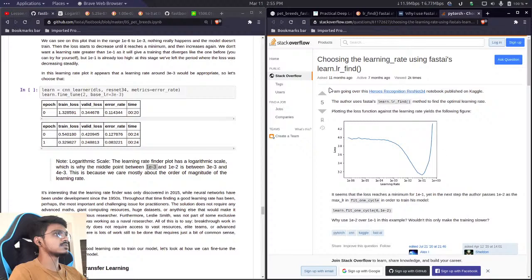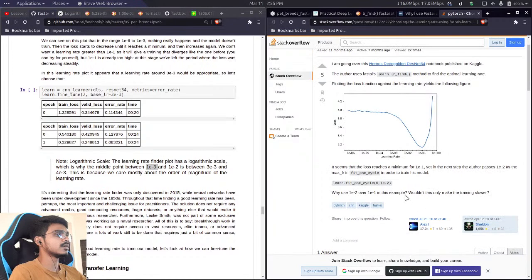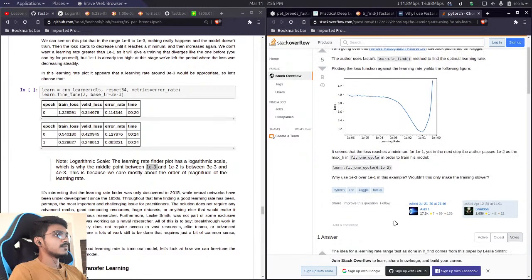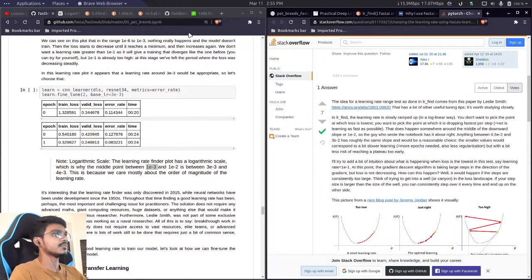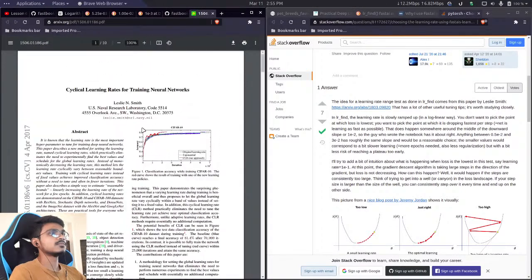Okay, this person is asking the exact question that we are asking. The idea for the learning rate range test as done in lr_find comes from this paper that has a lot of useful tuning tips. It's worth studying closely. So it's talking about this paper, Cyclical Learning Rates for Training Neural Networks by Leslie Smith.